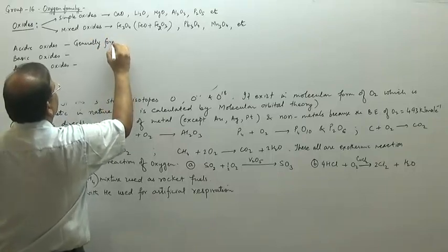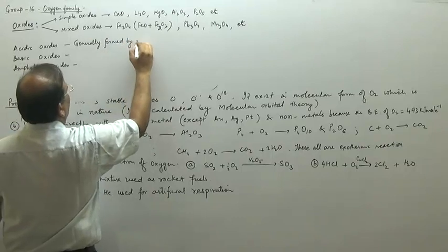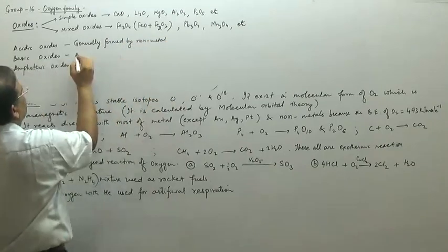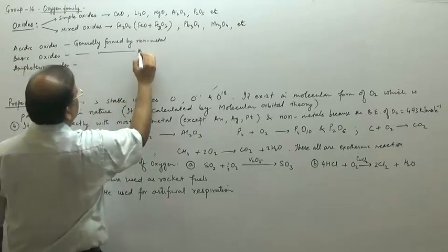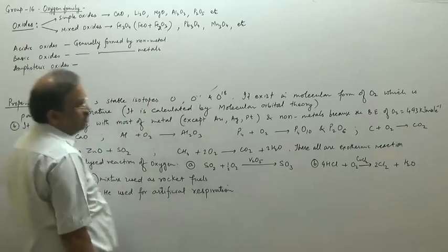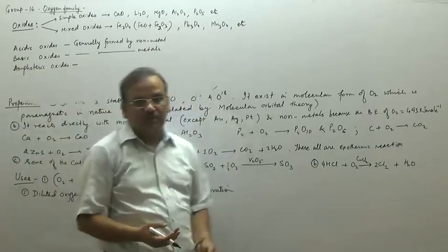Basic oxides are generally formed by metals. Amphoteric oxides depend on the nature of the metal, and we'll check that part.